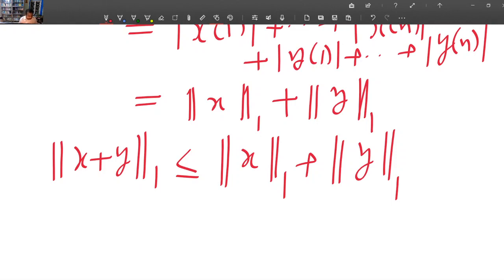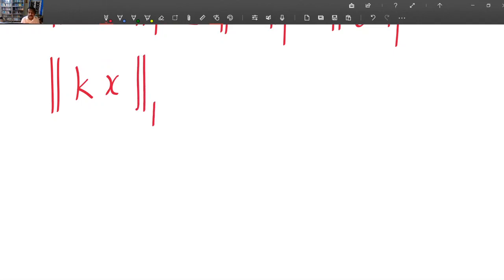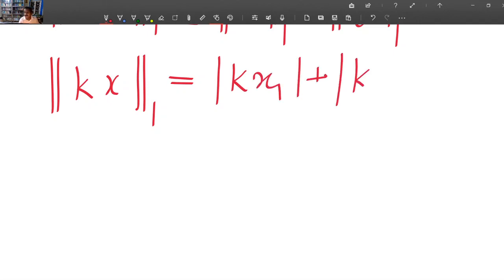And now you have to check the last condition. What is k times norm x? So you consider 1 norm of k times x. This is equal to modulus of kx1 plus modulus of kx2 plus etc. plus modulus of kxn.